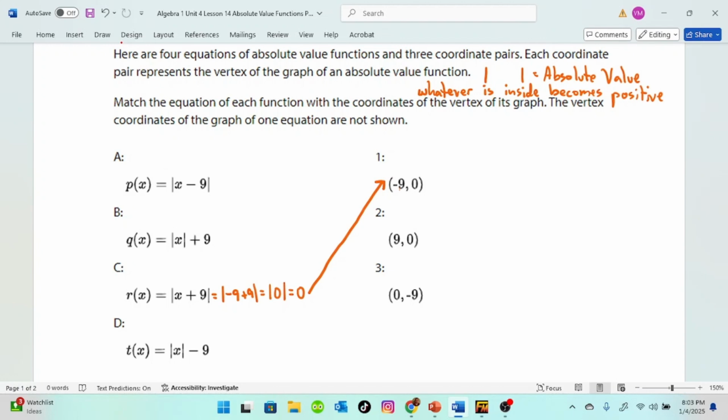If I put it into A, then 9 minus 9 becomes 0. The absolute value of 0 is 0, and that is the Y for number 2. Therefore, A matches number 2.